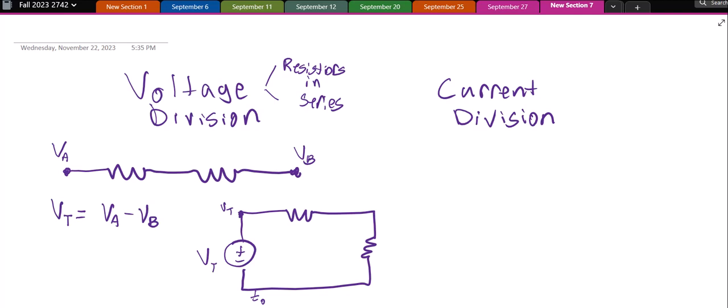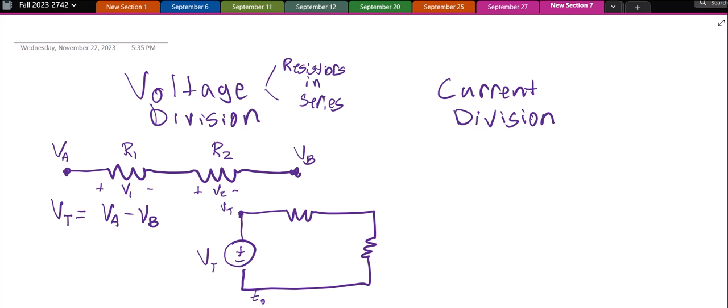If you know the voltage change across all of the resistors, then you can use voltage division. If this is resistor 1 and resistor 2, and I want to find out V1 or V2, the voltage across one of those resistors, then I would use voltage division.